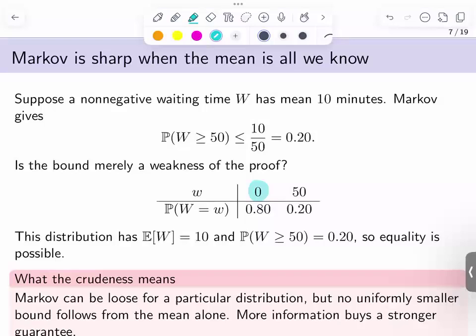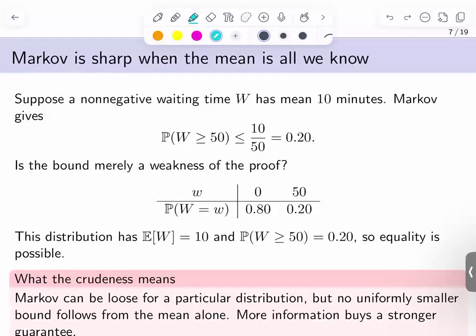80% of the time you don't wait anything, 0, just instantly do whatever needs to be done. And 20% of the time you wait 50 minutes. Okay, this is a binary variable, it takes two values, and you can easily see that the expectation is 0 times this plus 50 times this, which would be 10, right?